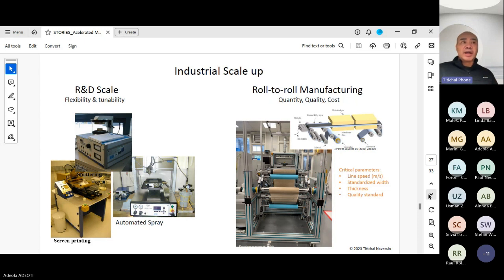Basically, it's the rate of materials going through your line, right? And of course, a definition of standard quality. What would quality mean in the case of ion conducting membranes? That's pinhole free, tolerance in terms of thickness variation across the membrane, etc. So how do you define that?